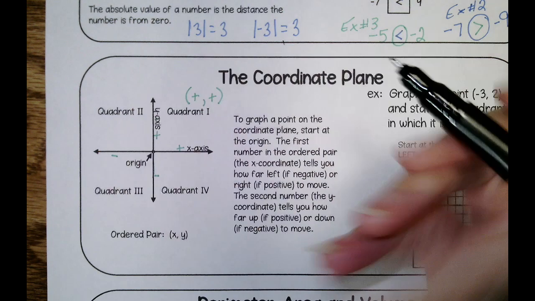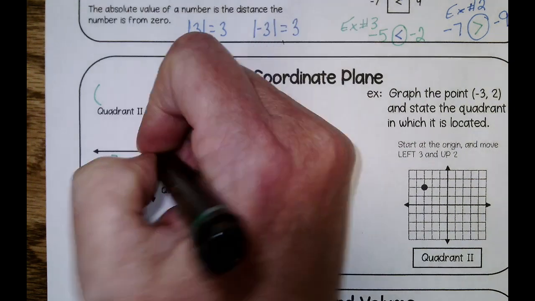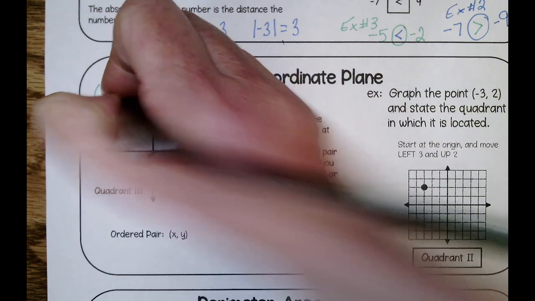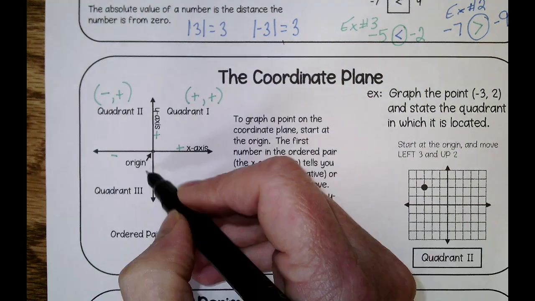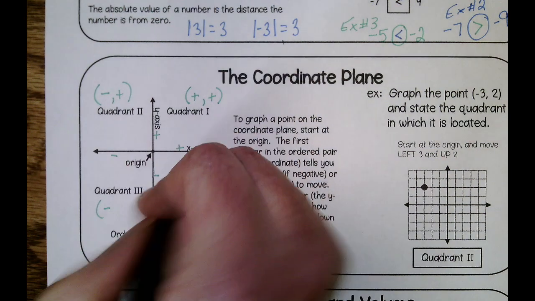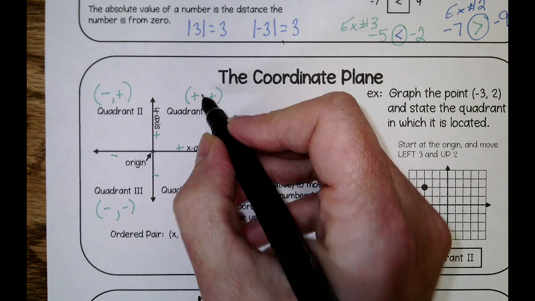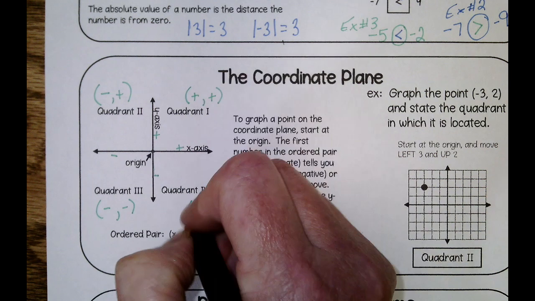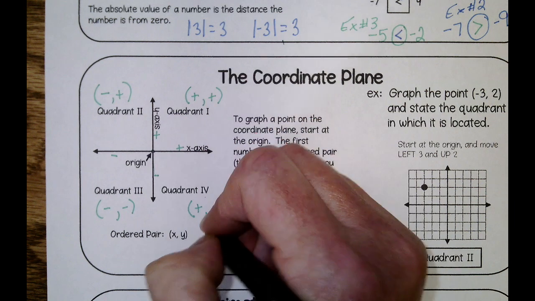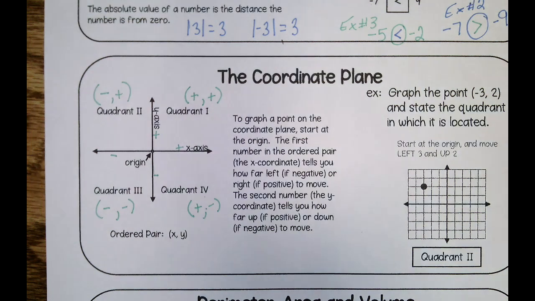Okay? So for quadrant 2, your x value will be negative, your y value will be positive. Quadrant 3, your x value will be negative, your y value will also be negative. You see how those are opposite? And then quadrant 4, your x value will be positive, your y value will be negative. And you see how those have switched with each other.